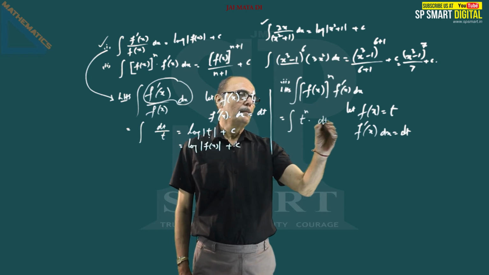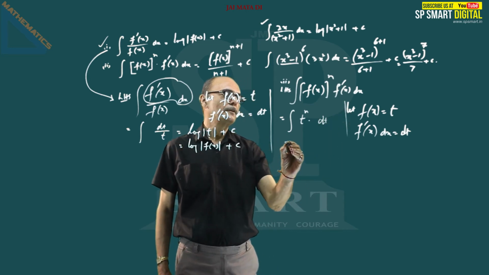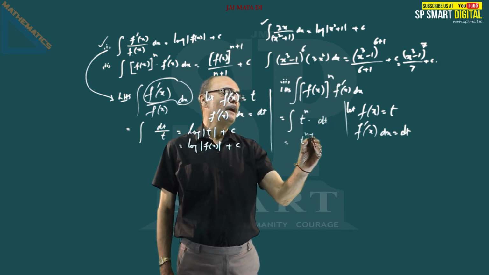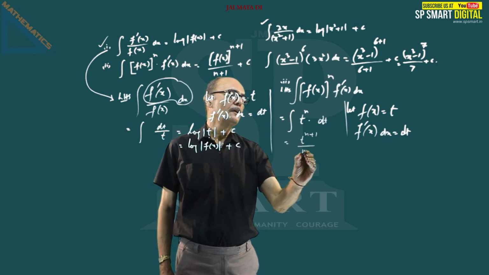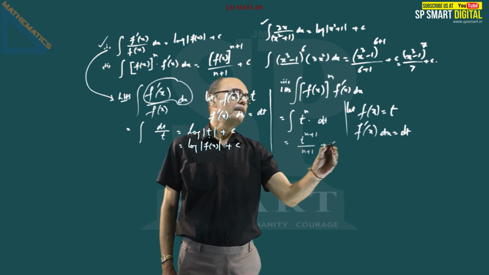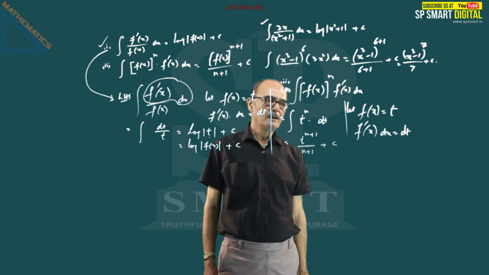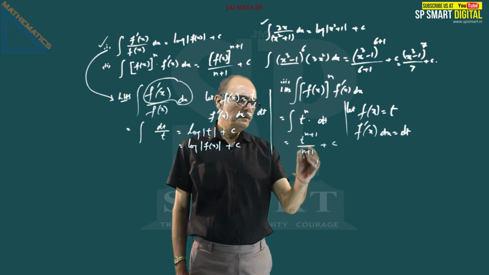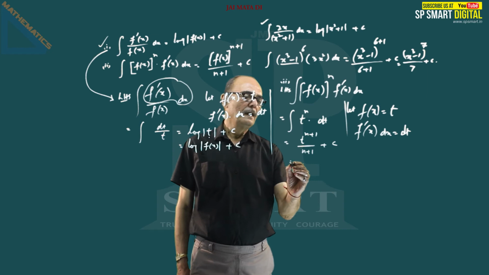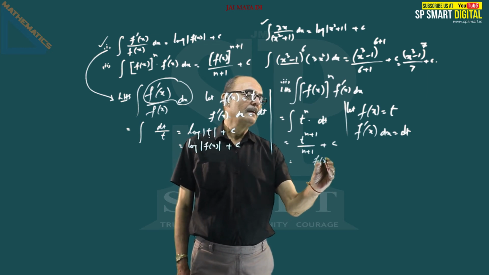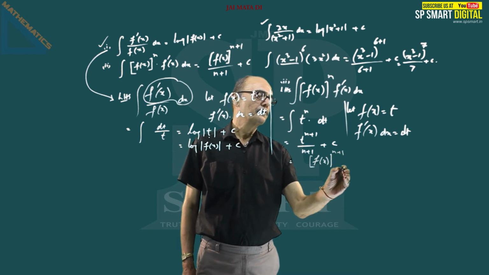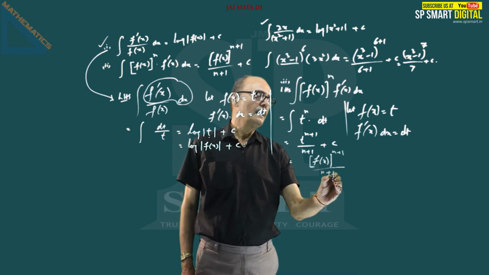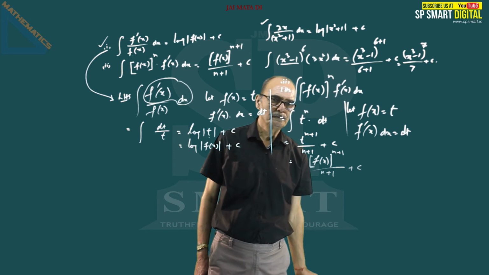So, this is t raised to power n plus 1 over n plus 1 plus c. And now replace this t by f of x: f of x whole raised to power n plus 1 divided by n plus 1 plus constant c.